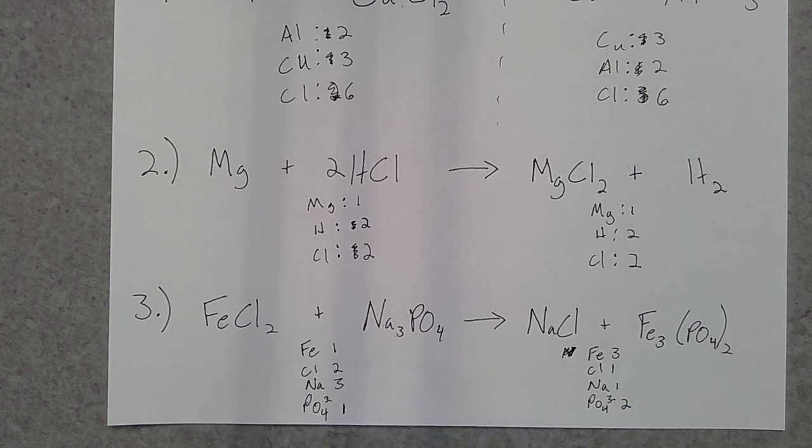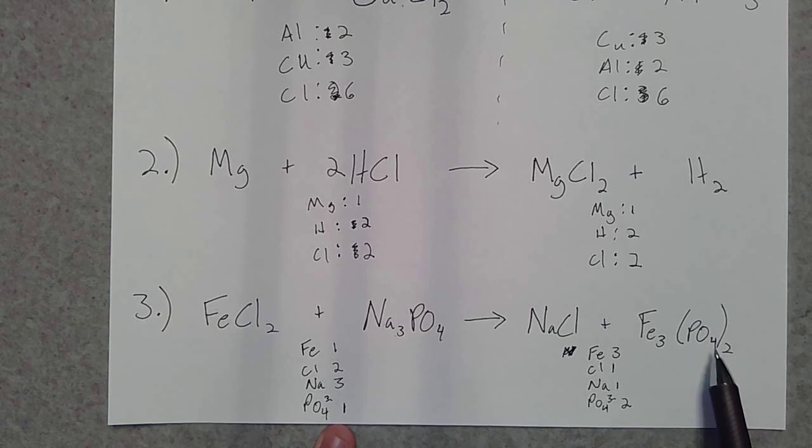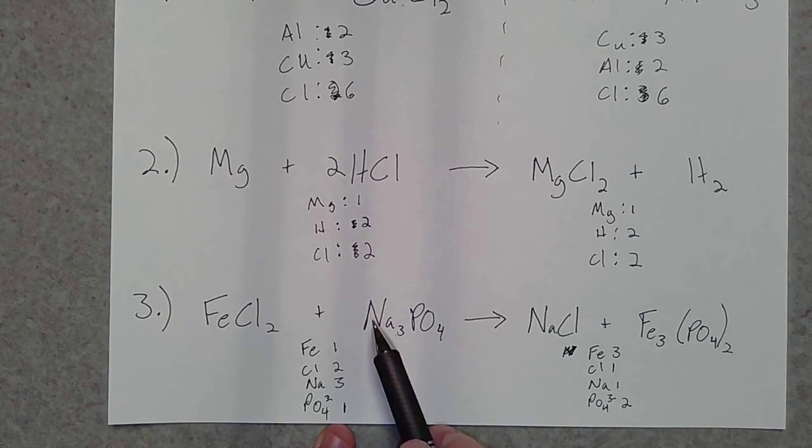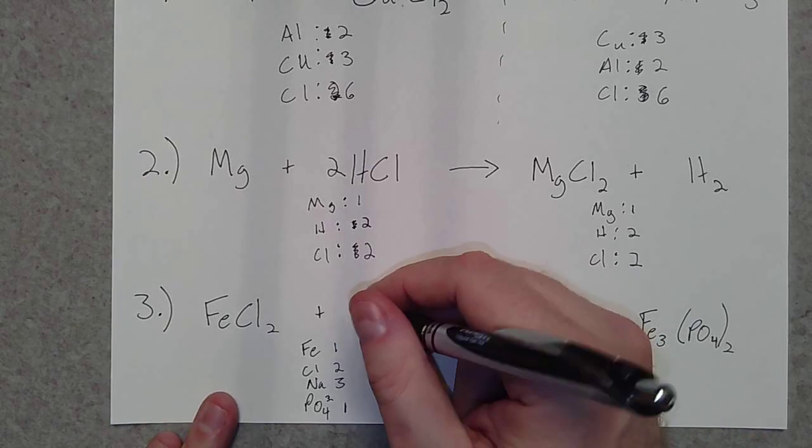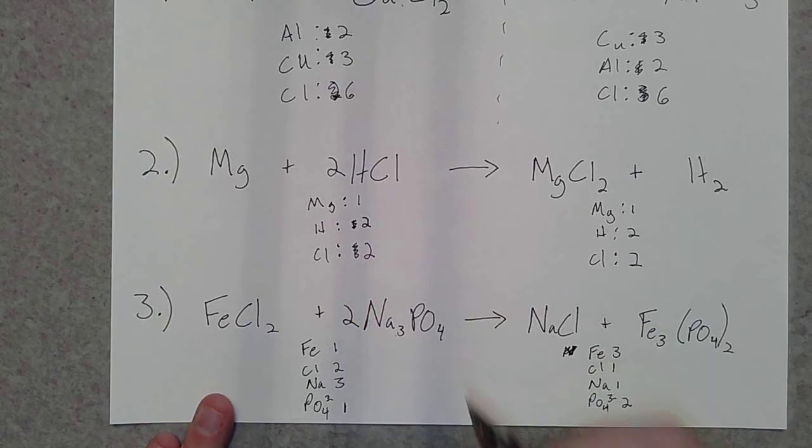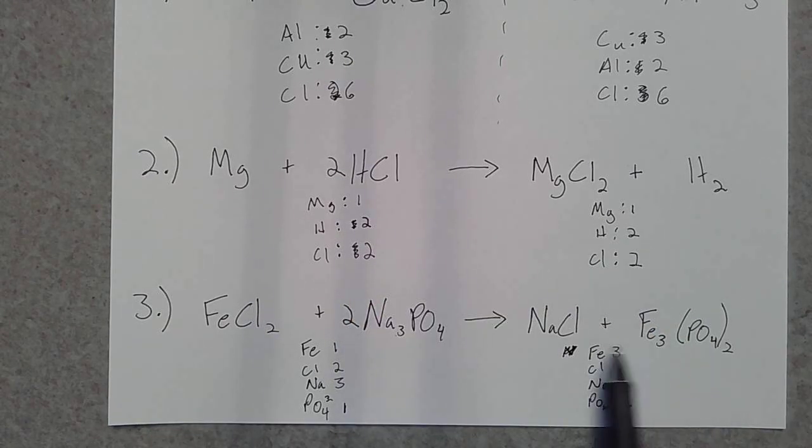So just as a tip, I'm going to take the more complex thing and actually start there. So at the very least, I have 2 of these PO4s here and I only have 1 here. So I'm just going to put a 2 on this side. I'm going to start there because I know that for every one of these, I at least need 2 of these.